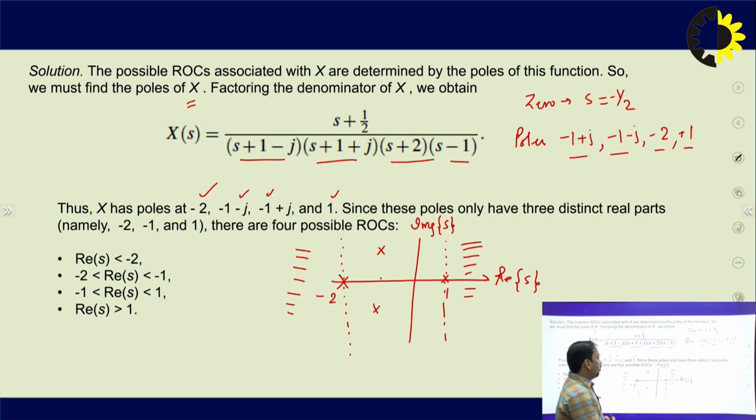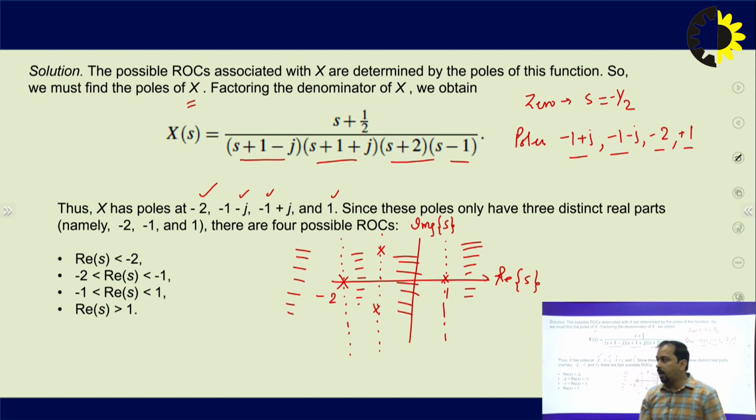Next we may have the region between poles. We are already aware as per the property that if the ROC is both sided, meaning between two locations of poles, the signal will be both sided. So this will be the third possibility. As per the location of poles, we have different types of cases.